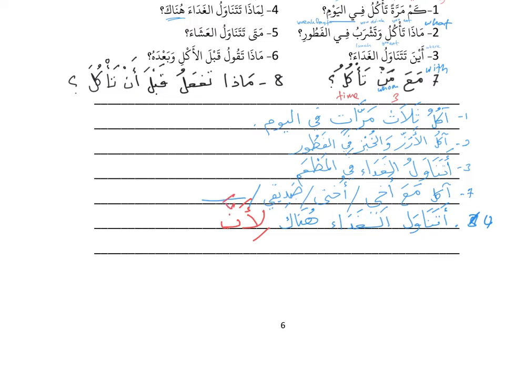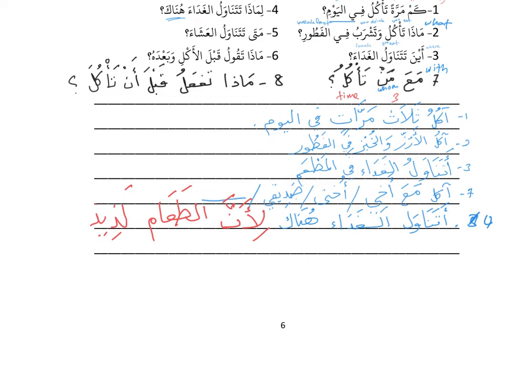Li'anna, because the food. What is the word food? At-ta'am. Li'anna ta'ama, and delicious is ladhidh. Because the food is delicious. Atanawalul ghada'a hunaka. Why? Li'anna. So normally when we ask you the word limadha, you can simply answer using li'anna. Li'anna at-ta'am ladhidh. That is one possible answer.